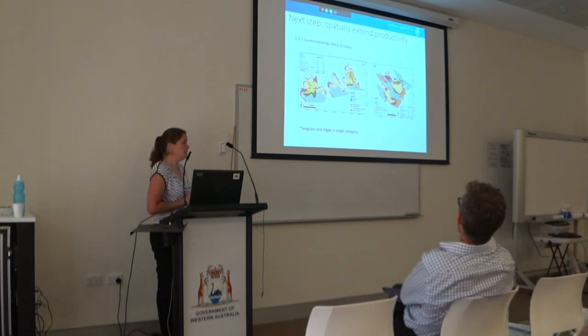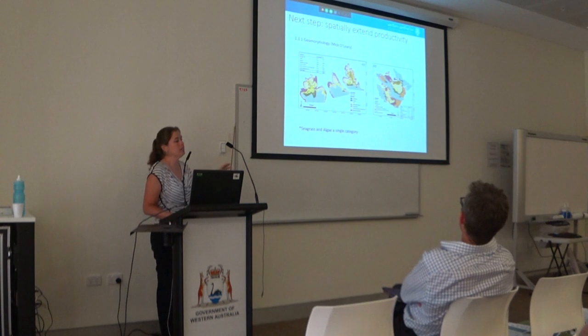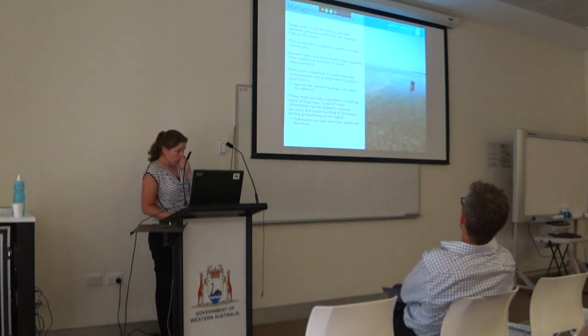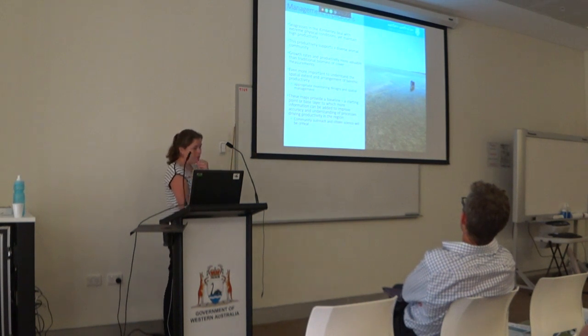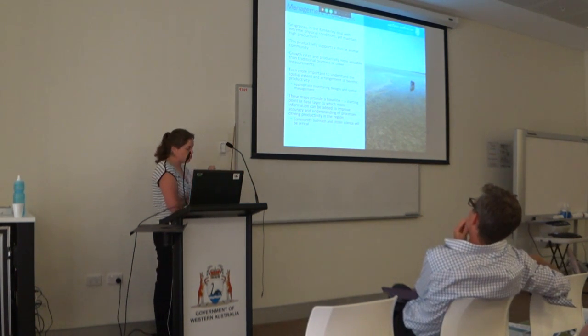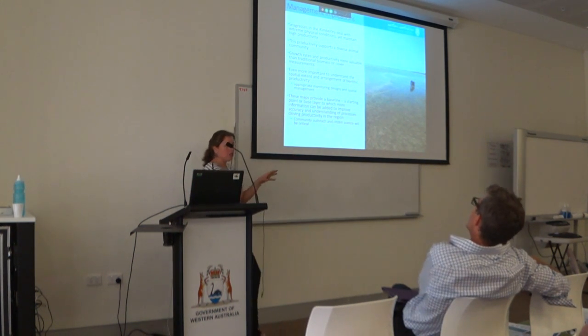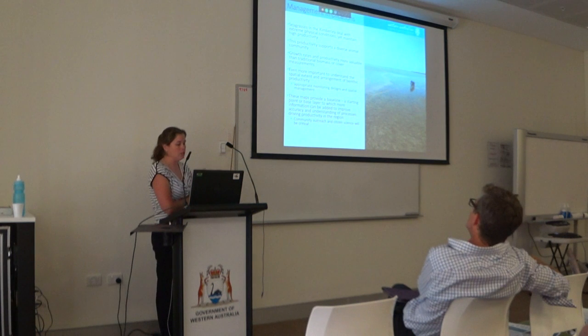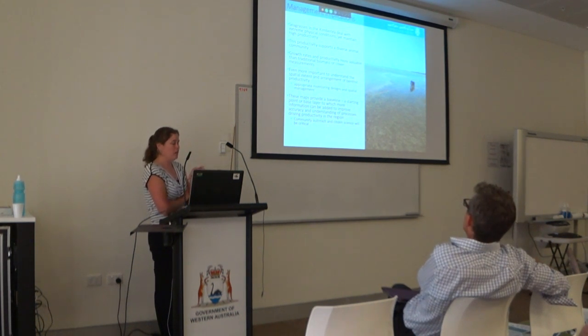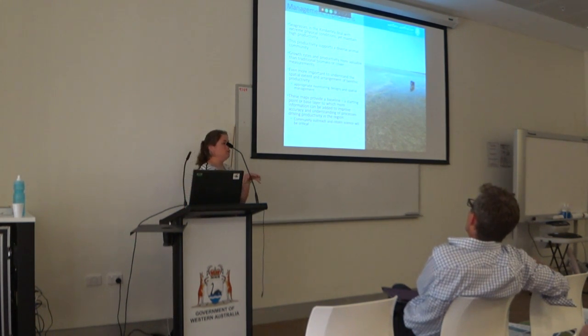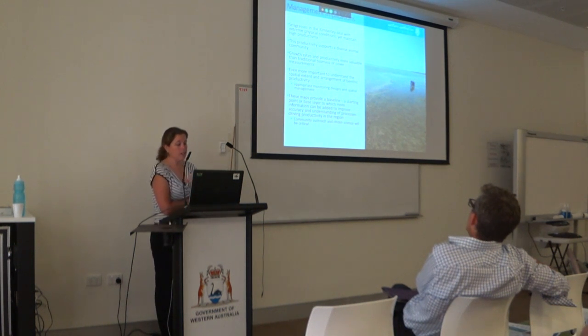So that's the next step, upscaling that productivity to different islands where we actually haven't taken productivity measures. I've stolen a couple of management implications straight out of Gary and Ryan's because they still apply based on the data that I've used, but the really important thing here is that we've been able to start getting a better handle on the spatial extent and arrangement of the benthic primary productivity in the area.